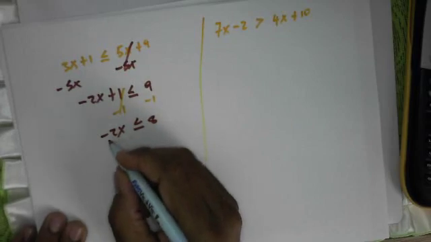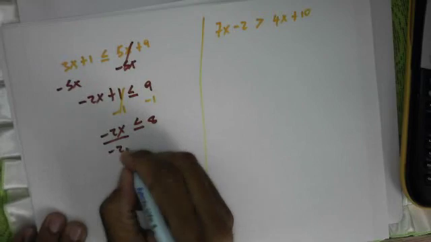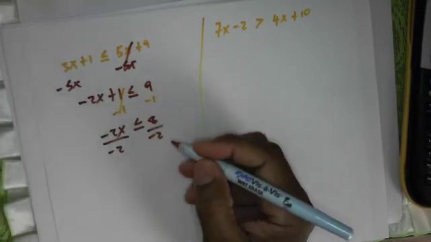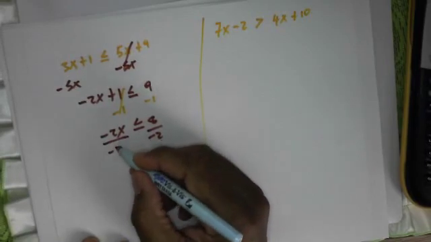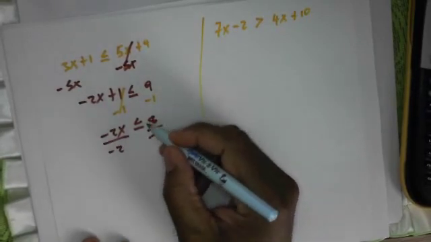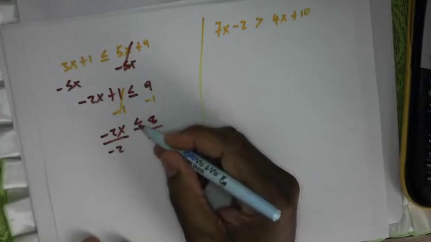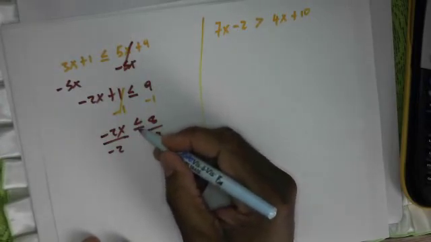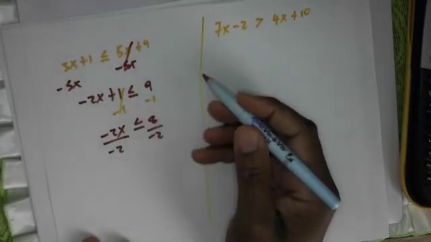Now, negative 2x means negative 2 times x. So we're going to do the reverse operation, which is dividing by negative 2. But remember that whenever you divide or multiply by a negative, the original inequality sign will change to its opposite. So if it is less than or equal to, after you divide or multiply by the negative, it will change to greater than or equal to.